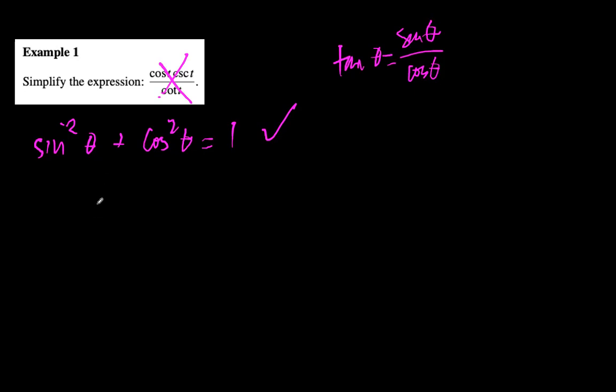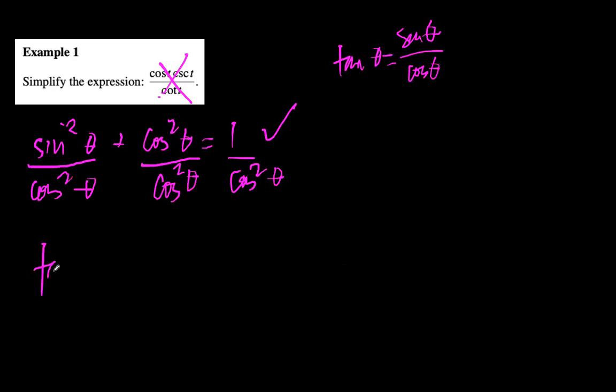And there are not just one, or 6, or 8. There are many of them. So you need to understand the basics first. So, I'm going to divide both sides by cosine square theta to be exact. And we know that sine square theta over cosine square theta is equal to what? Tangent square theta plus 1 is equal to what?